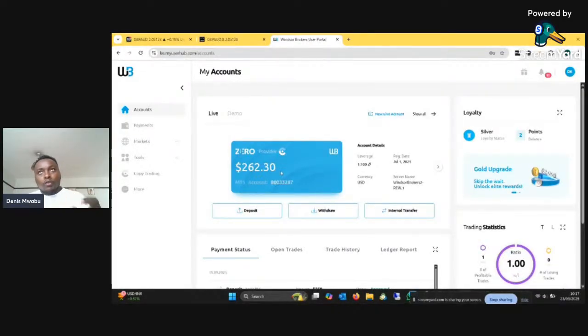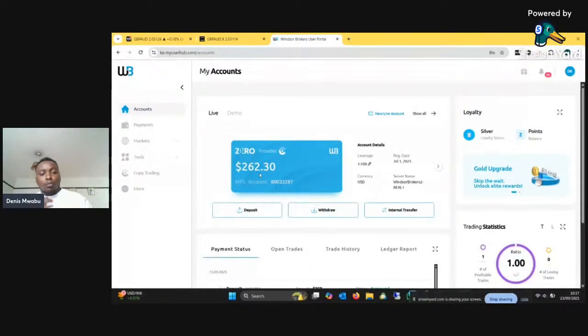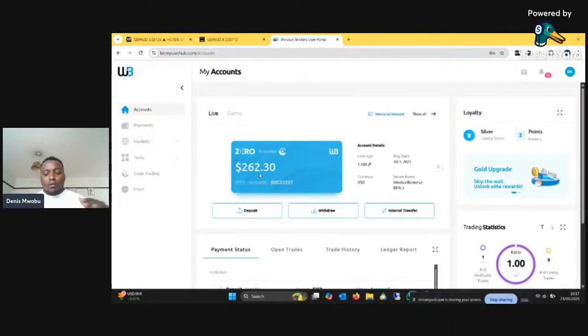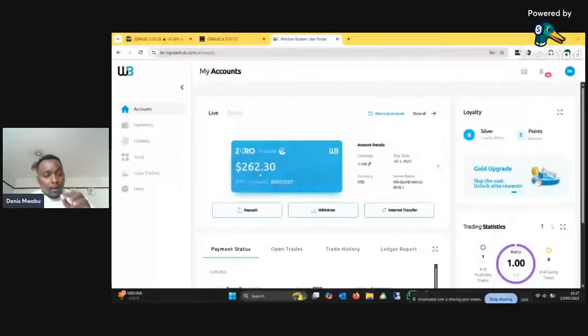I've put it on a very low budget that can accommodate many people. I heard some people saying that when they copy me, my lot sizes are so big. So I opened an account that can cover the majority of people. You can open your Winsor account and copy my trades also.